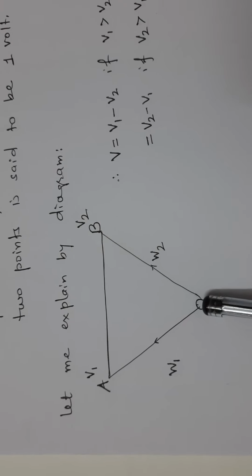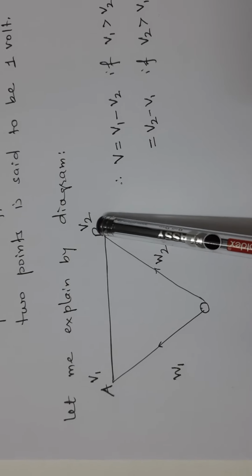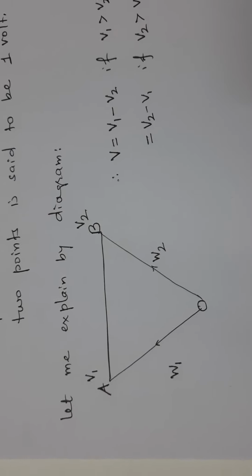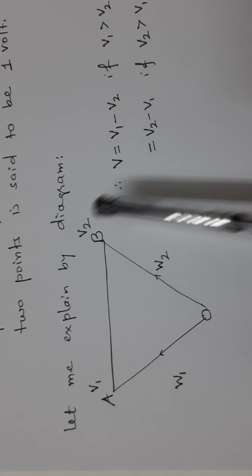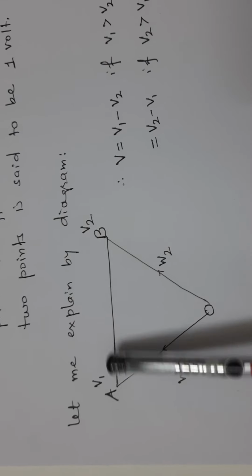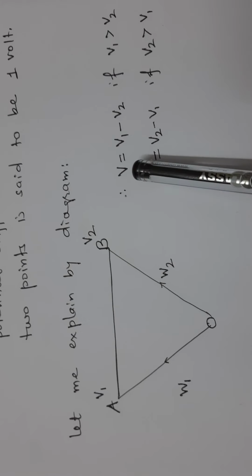Similarly, this charge is brought to B. The amount of work done is W2, and that's why the electrostatic potential at point B is V2. So the potential difference between these two, we call it V.